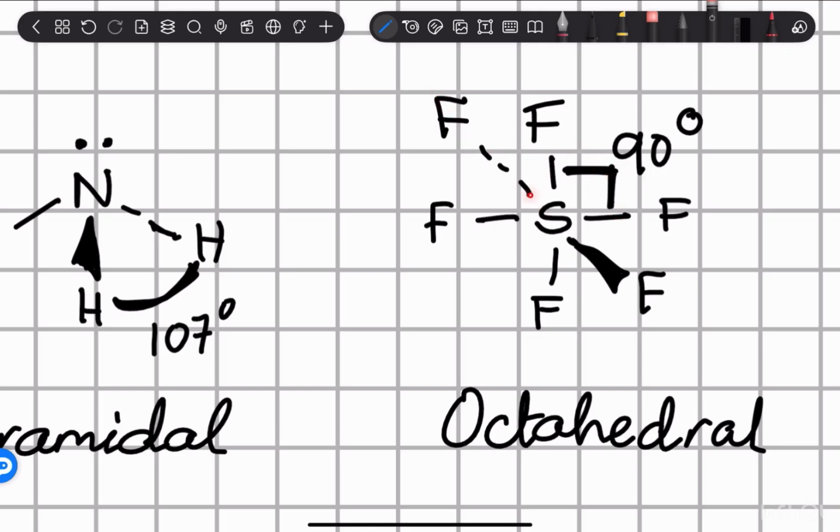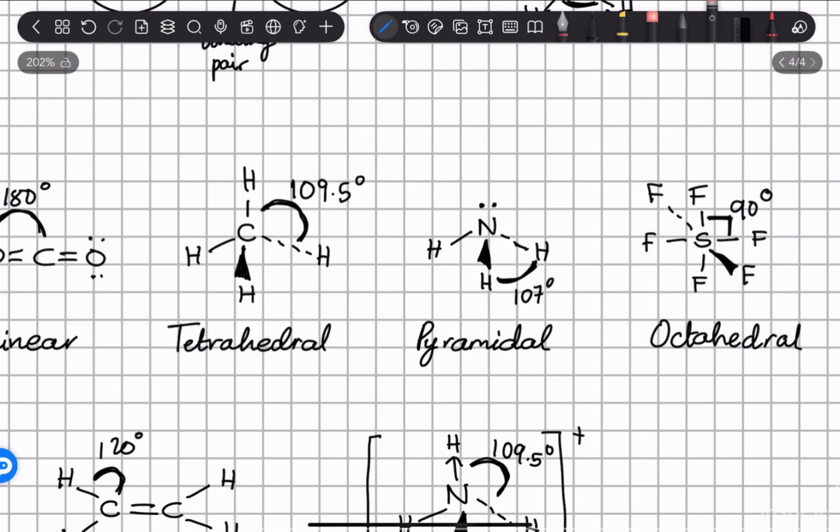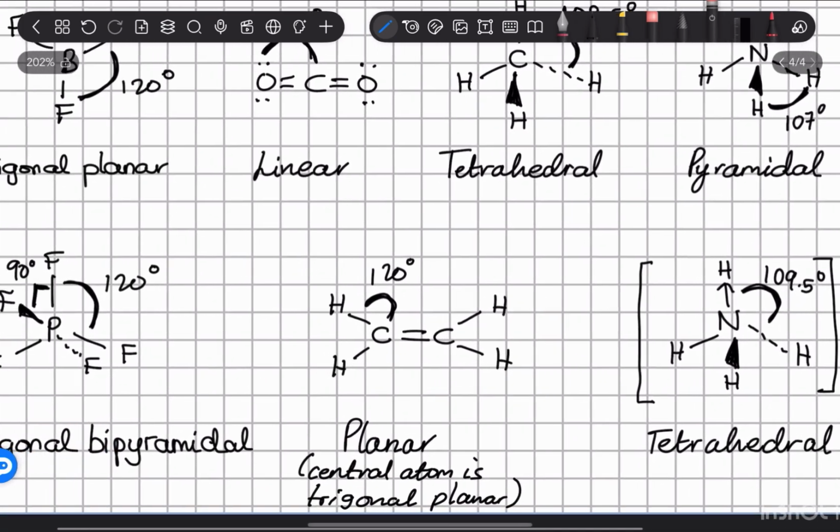So these two fluorine atoms in SF6 are behind the plane and in front of the plane. All these four are within the same plane. If these two weren't there, I would refer to this as a square planar molecule. But basically, this is how SF6 looks. And that's the bond angle. It's 90 on the dot.